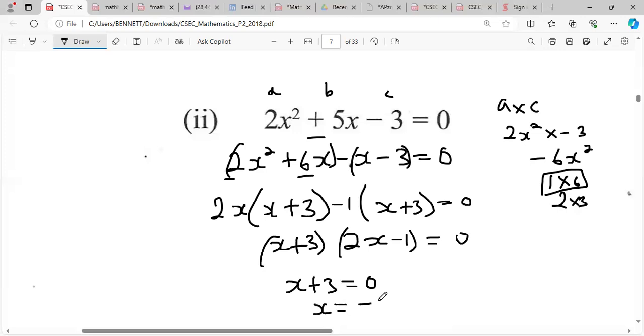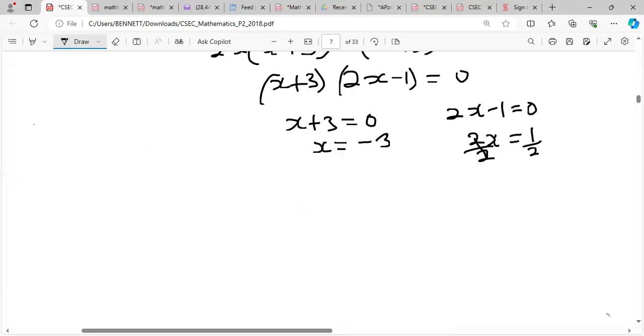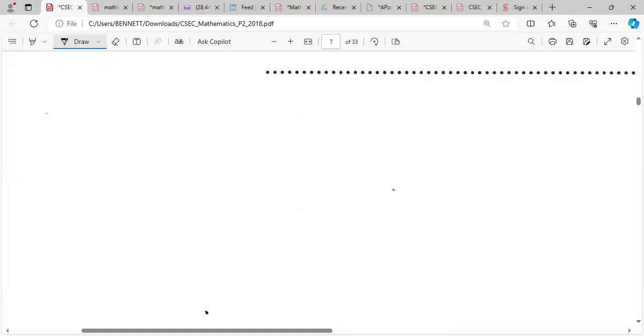So x is equal to negative 3. And for that one, we have 2x minus 1 equals 0. So you know it already. Get rid of this one, so it becomes positive 1. And of course, then we divide by 2, so that becomes positive a half. So x is equal to a half, and x is equal to negative 3.